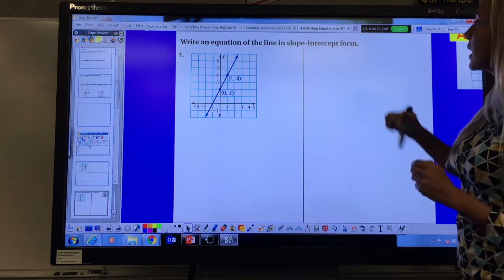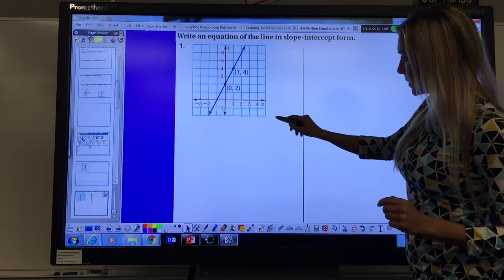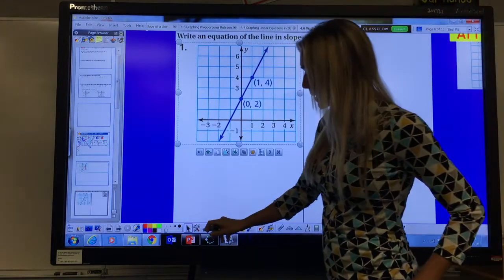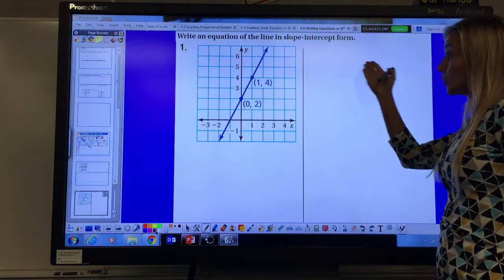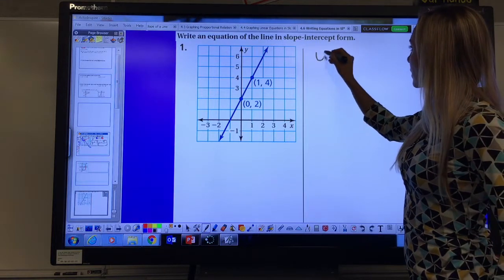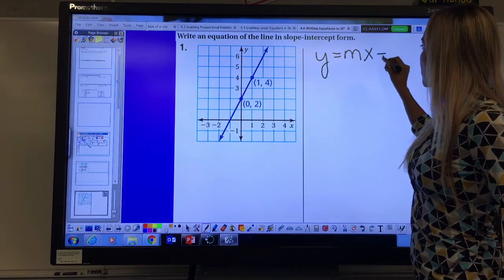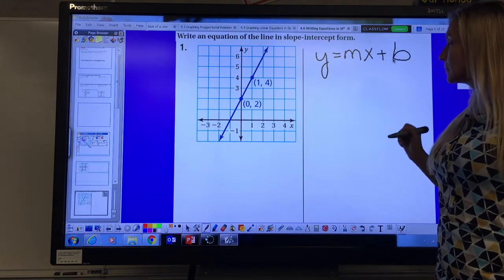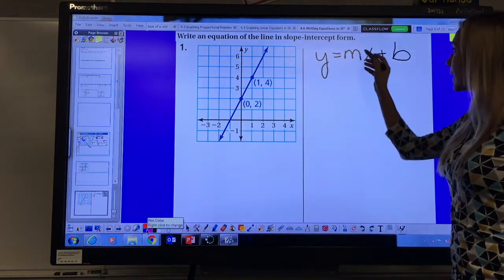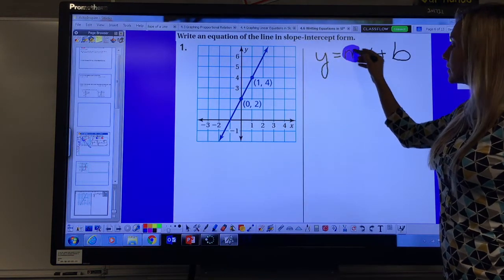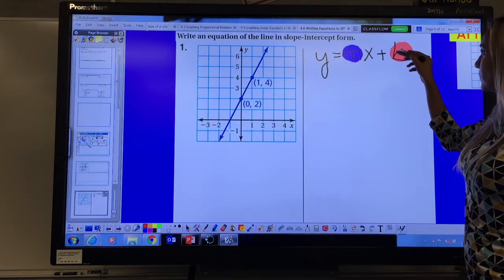Write an equation of the line in slope-intercept form. Let me make this a little bit bigger. My step 1 says, write the slope-intercept form. Y equals mx plus b. Then I'm going to think, all right, I am replacing the m with a number, and I am replacing the letter b with a number.